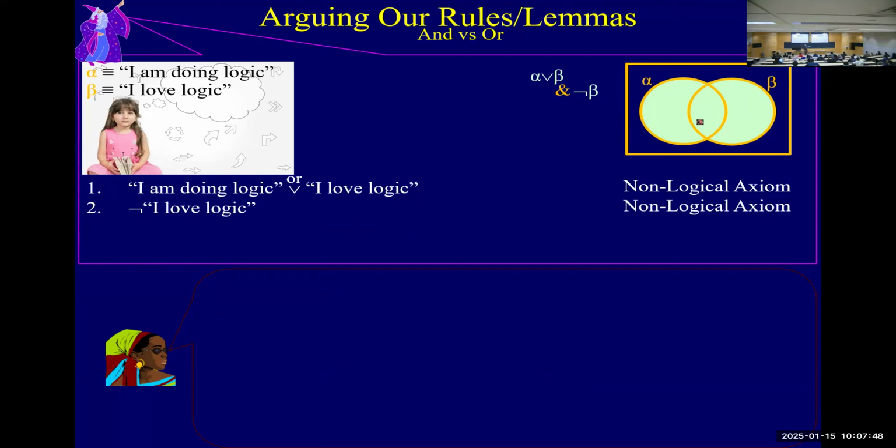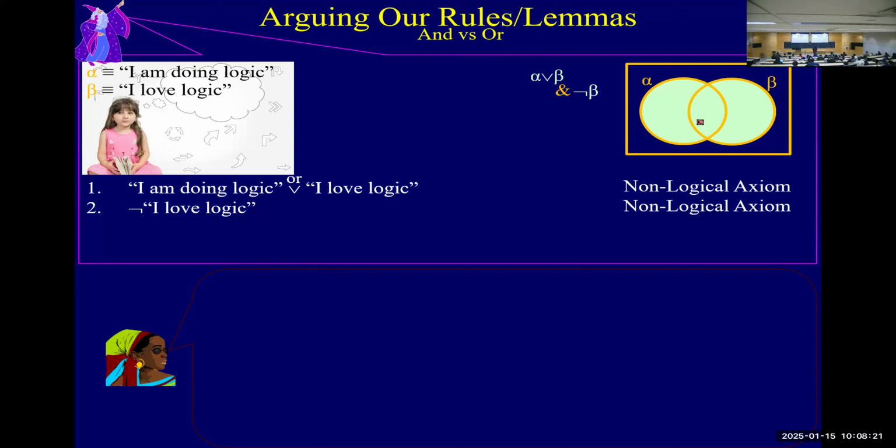Now, in order to take two things, we need two things, all right? So we're going to have two axioms, right? The one axiom is going to say at least one of these things is true. And I don't know how there can be a universe in which you don't love logic, but let's conceive that you don't love logic, right? So is there anything you can conclude from these two statements?